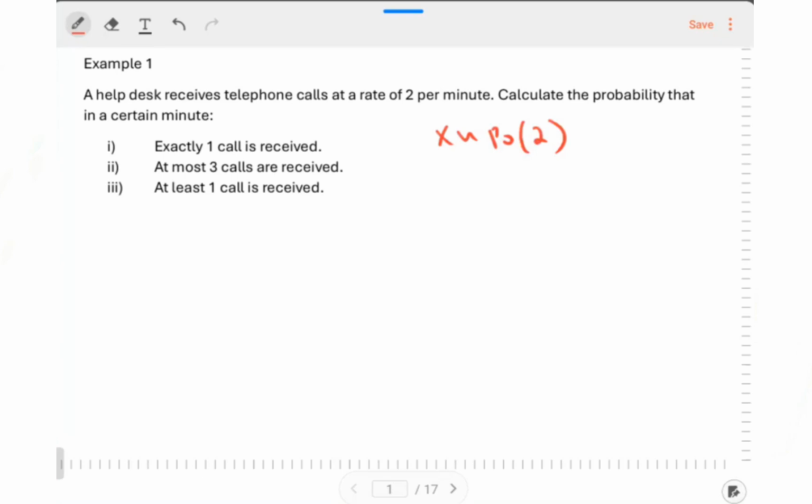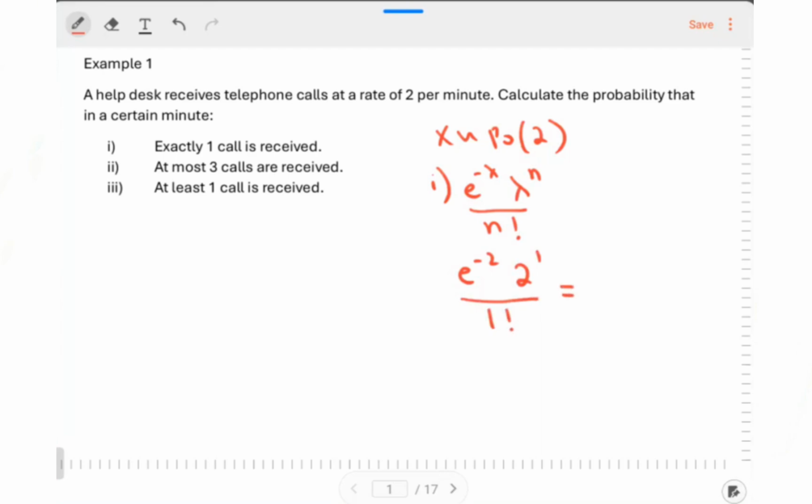So the first part of the question is: exactly one call is received. So e to the minus lambda, lambda to the power n over n factorial: e to the minus 2, 2 to the power 1 upon 1 factorial.